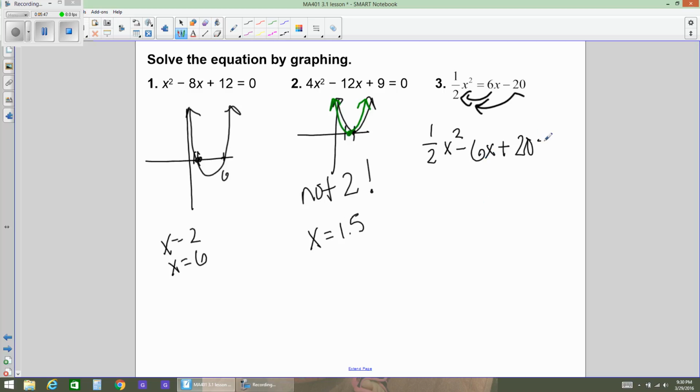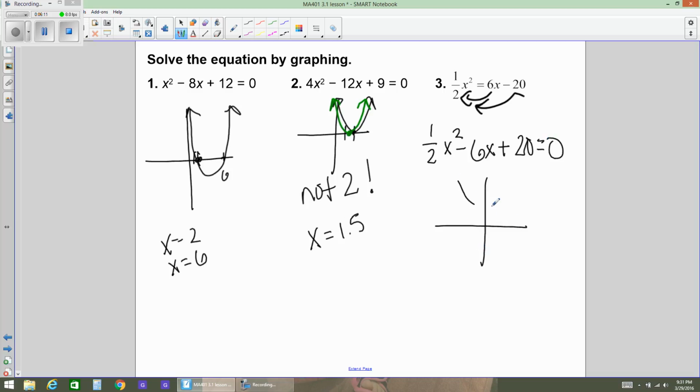Plus 20, I had to add that to the other side, equals 0. Into my calculator, I can put the 1 divided by 2 in parentheses for 1/2 x squared, or since I know that 1/2 is 0.5, I can go ahead and do 0.5 also. It doesn't matter.